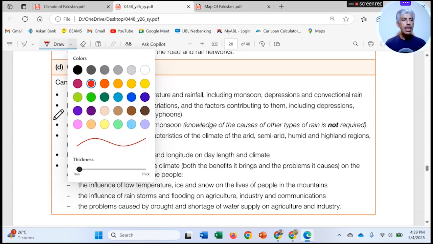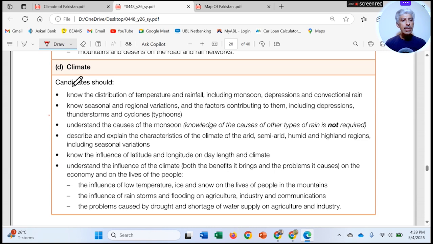And here is the syllabus in front of you, and you can see that the candidates should know the distribution of temperature, that in which areas there are very low temperatures and in which areas the temperatures are very high, and what are the reasons for that.